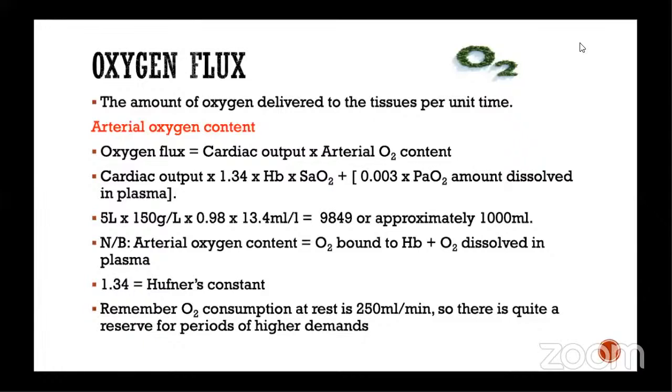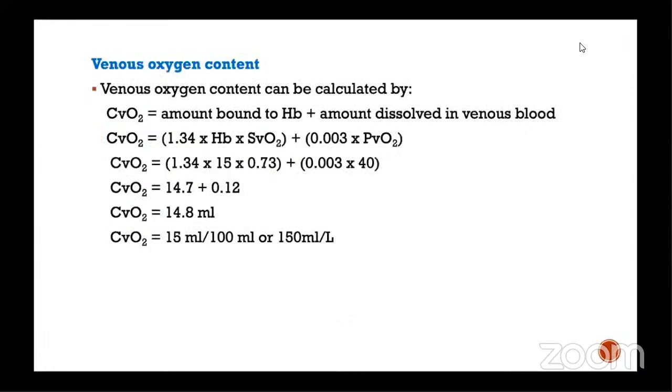Remember, the resting cell requires 250 mils, so we have lots of reserve to play around with in periods of higher demand.